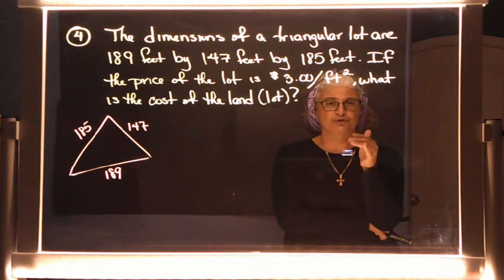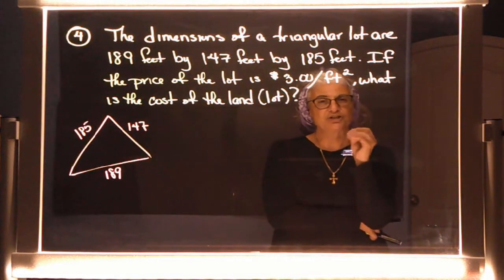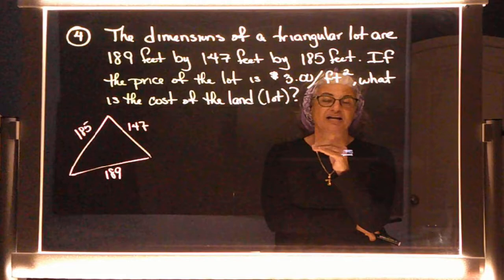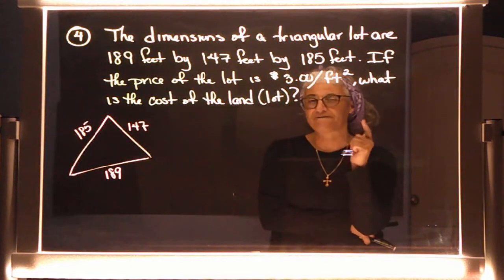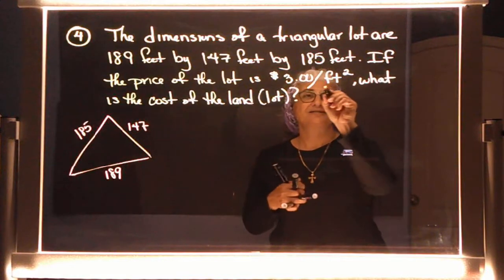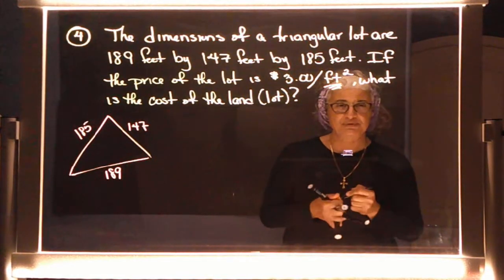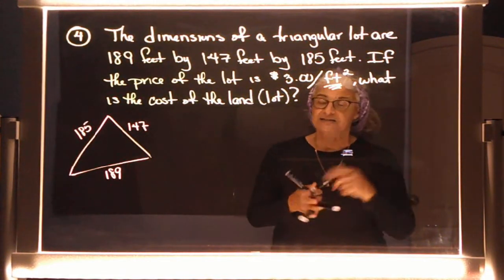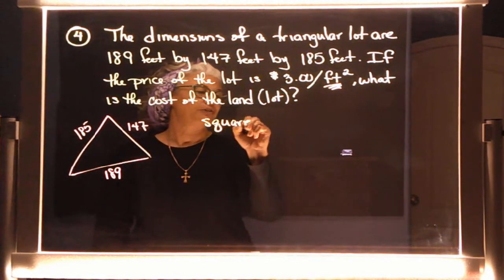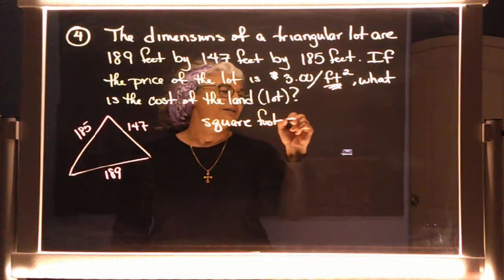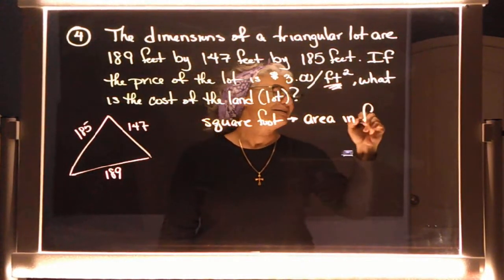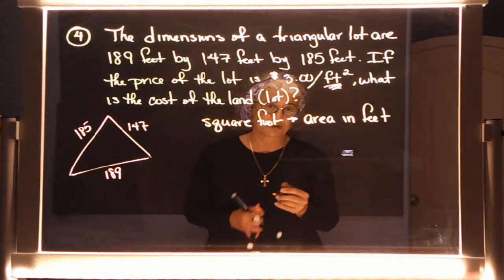So, $3 a square foot, huh? What does that tell you? What do you need to know to find the cost of this lot? If it's $3 a square foot, the question is, what does square foot actually represent? Some of you said it. Because it says the word square, then square foot means we're talking about area in feet, aren't we?